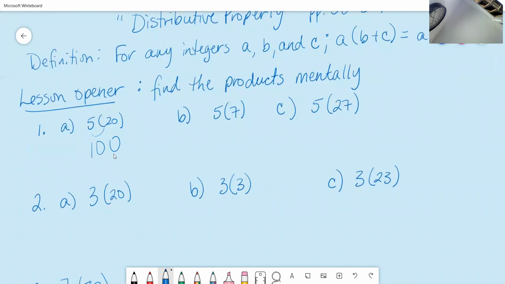So you know that 5 times 20 is 100. And then if you look at 5 times 7, if you've memorized your multiplication tables like you should, you know that 5 times 7 is 35. So 5 times 27 is really just 100 plus 35, which is pretty easy to calculate in your head, just 135. So if you see 5 times 27, then in your head you can say, okay, 5 times 20 is 100, and 5 times 7 is 35. So my answer is 135.